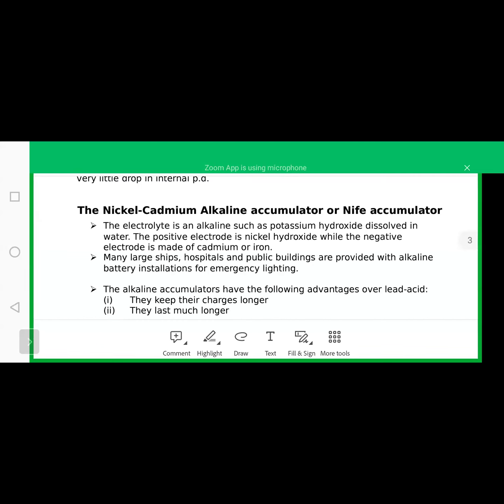The alkaline accumulators are less heavy, and the lead acid accumulators are heavy. The alkaline accumulators are long lasting, while the others are not. The alkaline accumulators provide large currents without being damaged, while the others provide low currents.